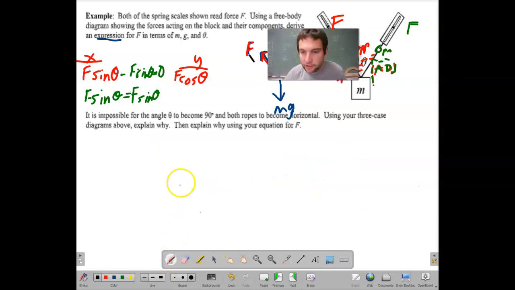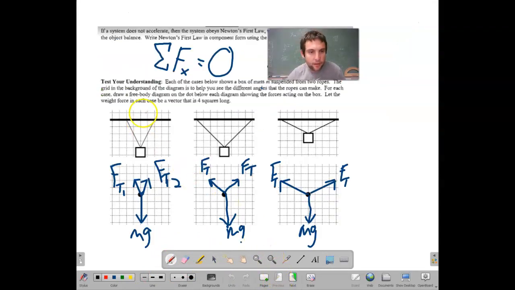Okay, so I've erased all that stuff. Now let's look at this: it's impossible for the angle theta to become 90 degrees and both ropes to become horizontal. Using your 3 case diagrams above, explain why. Then explain using your equation. The 3 case diagram was the hanging traffic light situation. These are like traffic lights, so engineers have to figure out the angles that they're hanging.